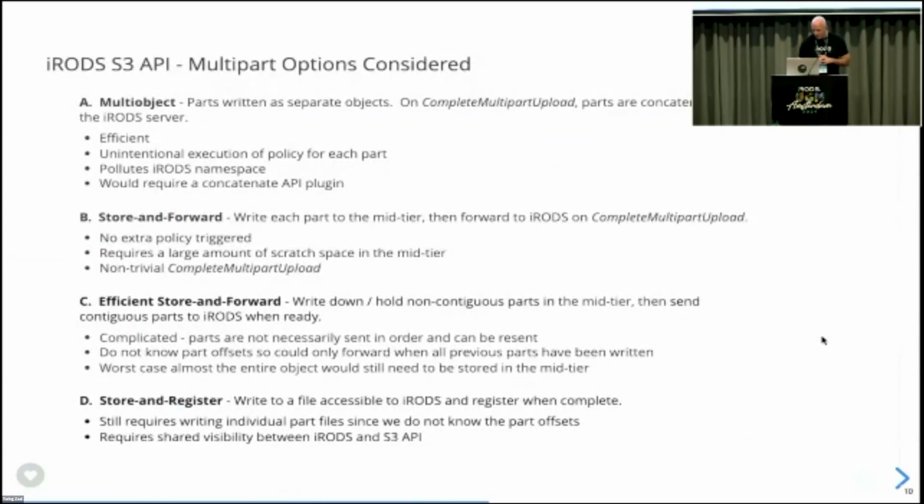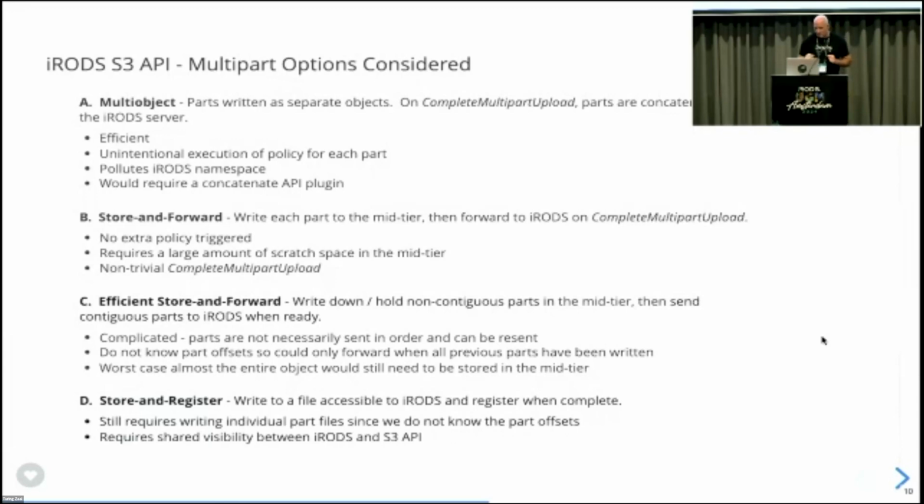Okay, multipart. This was the most complex part of it. Before I go through the options that we investigated, I'll tell you a little bit about why multipart is difficult. Basically, iRODS talks POSIX, essentially. So when you write a new file: open, seek, write, close.